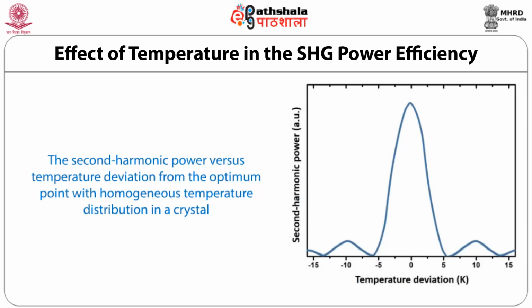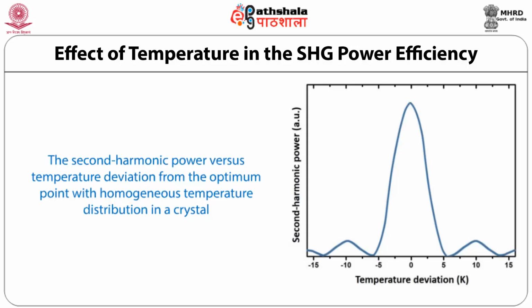Similar curves are obtained, such as for critical phase matching, when the angular orientation of the crystal is varied. In practice, the phase matching curve is not as symmetric as shown in figure 3.